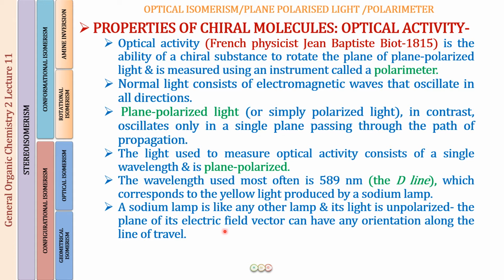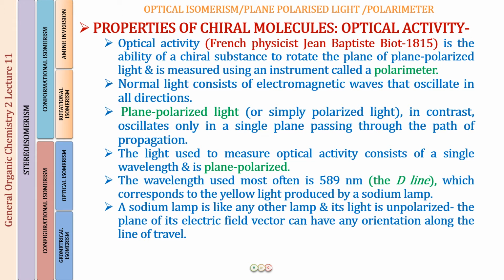The plane of its electric field vector can have any orientation along the line of travel. So it is going to be a single wavelength line, monochromatic light, whereas ordinary light is going to be polychromatic. So we will be using monochromatic light for measuring optical activity, and then we are going to make this unpolarized light into a plane polarized light.